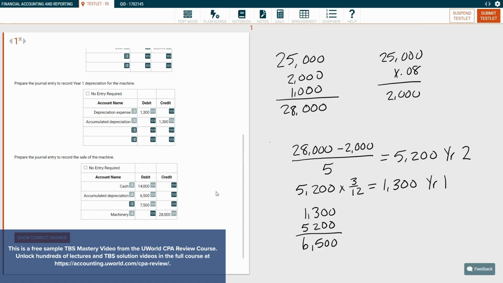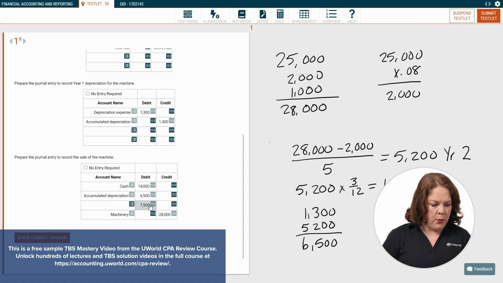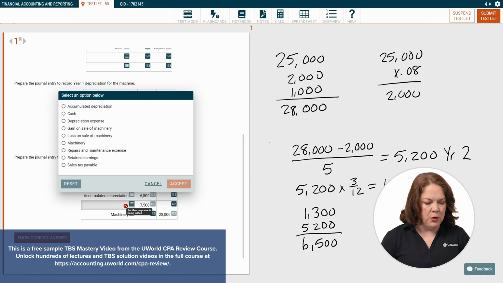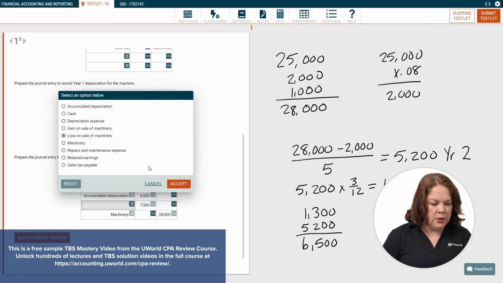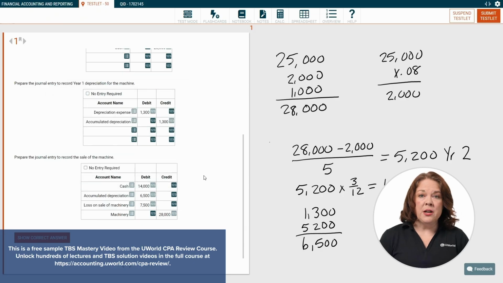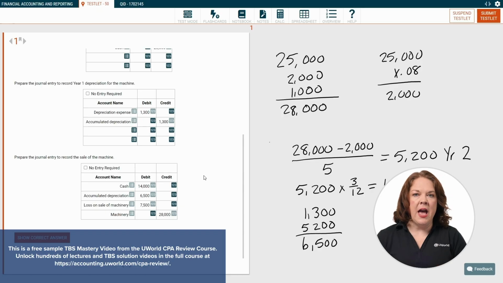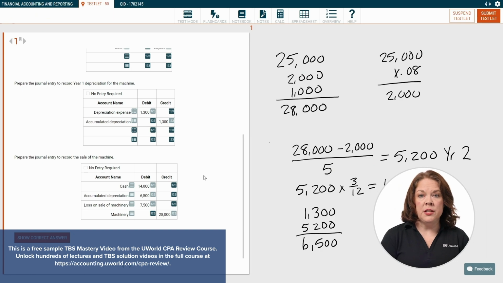This is going to be a loss on the sale of this equipment, right? Losses move in the same direction as our expenses. So we're going to have a loss on the sale of our machinery here. So there's our journal entry to record that sale. Cash coming in, getting the asset off of the books, getting the accumulated depreciation off the books, and plugging with a loss or a gain on the sale of that asset.